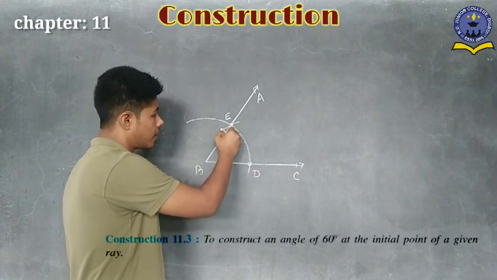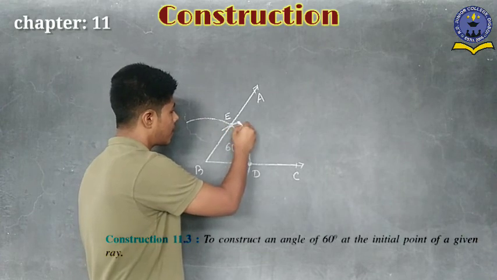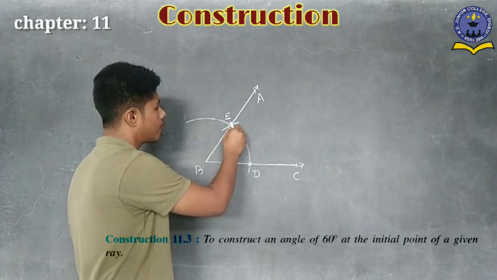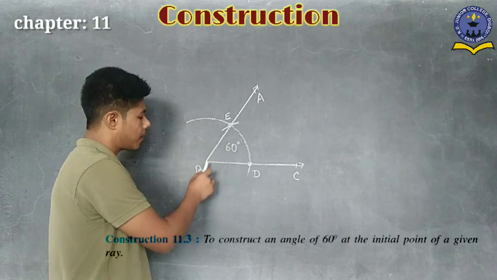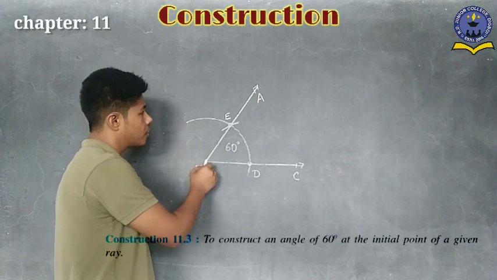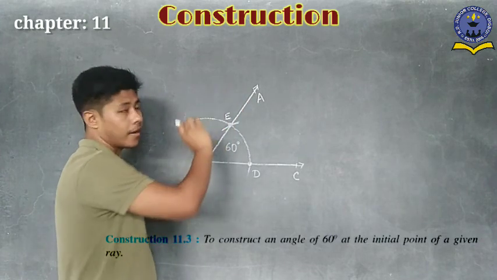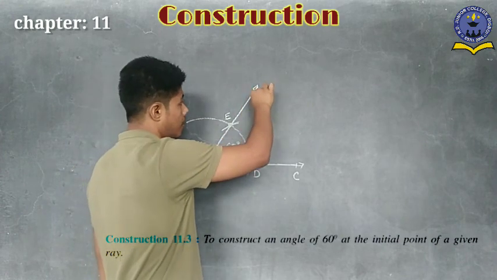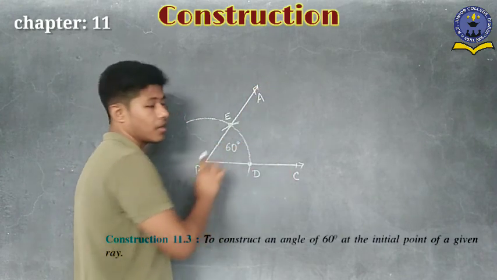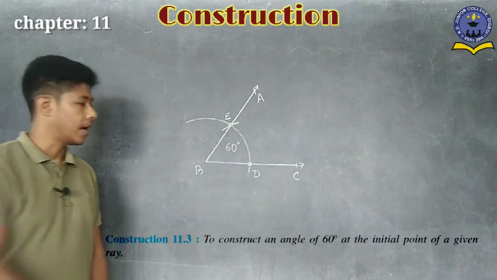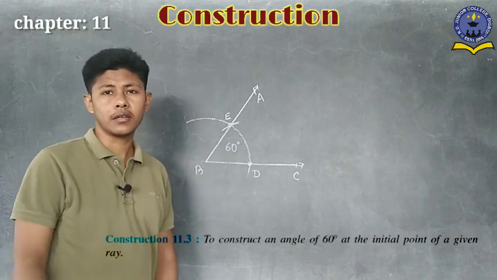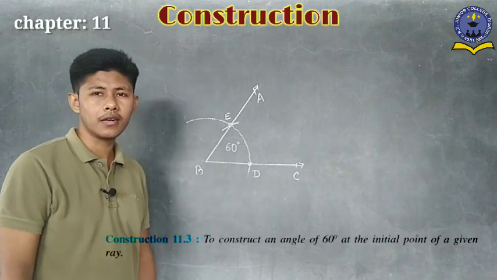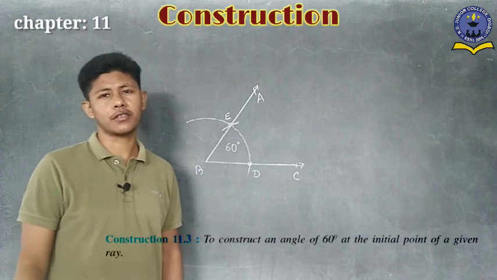This arc intersects the earlier arc at E. Then we join B, E and increase the line, and mention it is A. So ABC is our required angle, and this angle is always 60 degree. In this way we can construct a 60 degree angle.